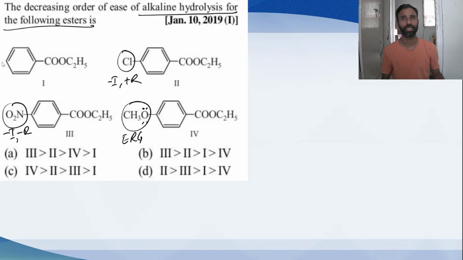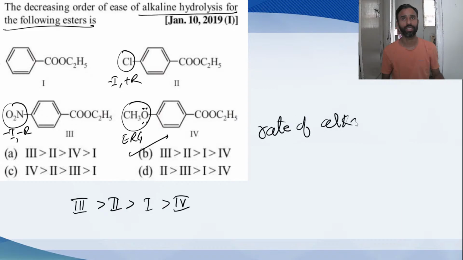There is no such group. So that means third is most reactive, then comes second, afterward it is first and then fourth. Third, second, first, fourth. That means D is the right option. So keep in mind the rate of alkaline hydrolysis is proportional to electron withdrawing groups.